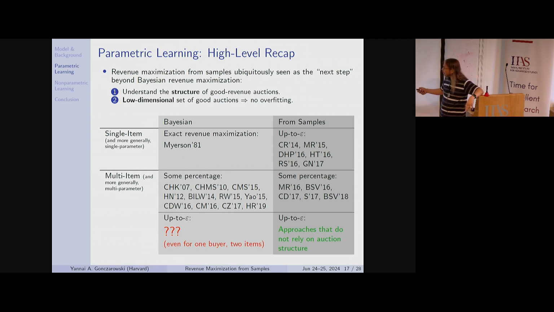I'm going to call this non-parametric learning. So obviously what we're going to get here will not be a result that says here is a computationally efficient algorithm that from samples will give you an up to epsilon revenue maximizing auction.